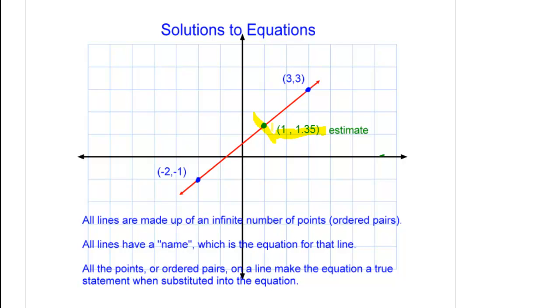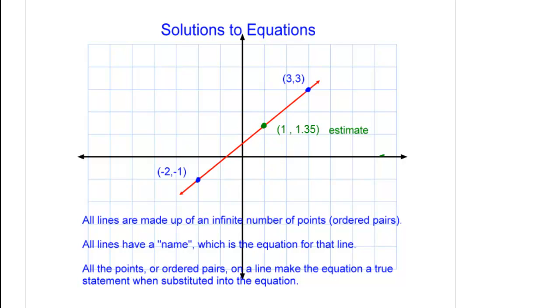So we can have ordered pairs that are not always whole numbers, and let's make sure you can read this one. For 1.35, that means we went over 1 in the x direction and up slightly over 1, to about 1 1/3, in the y direction.